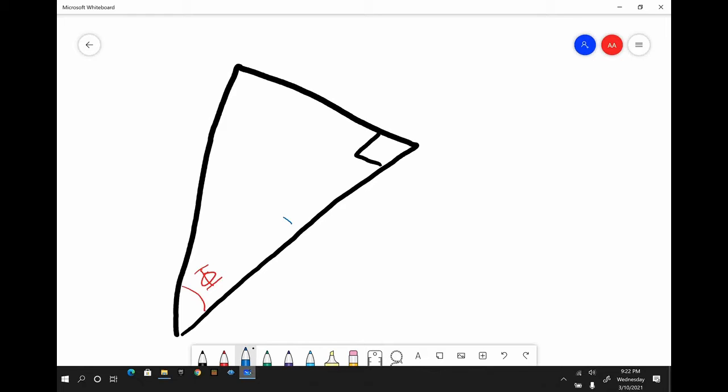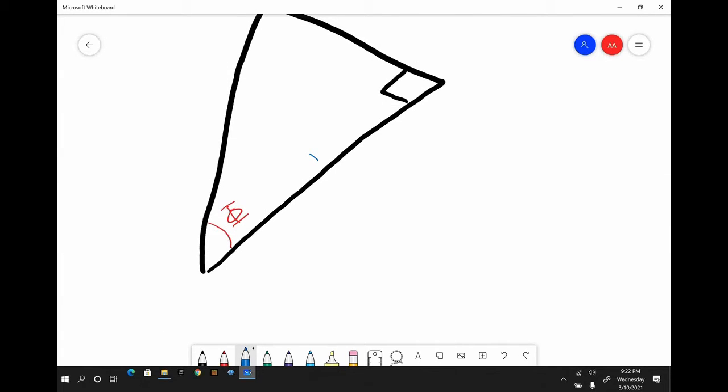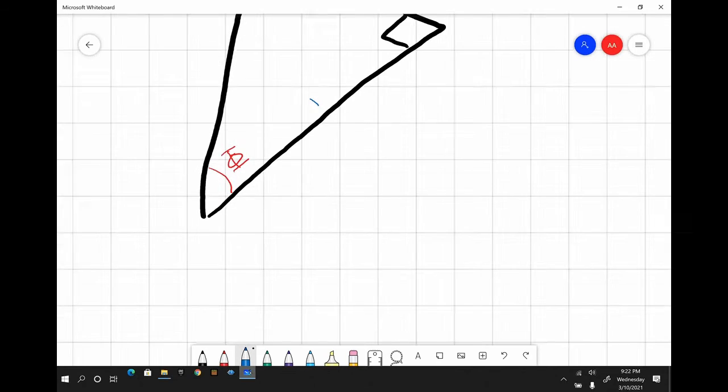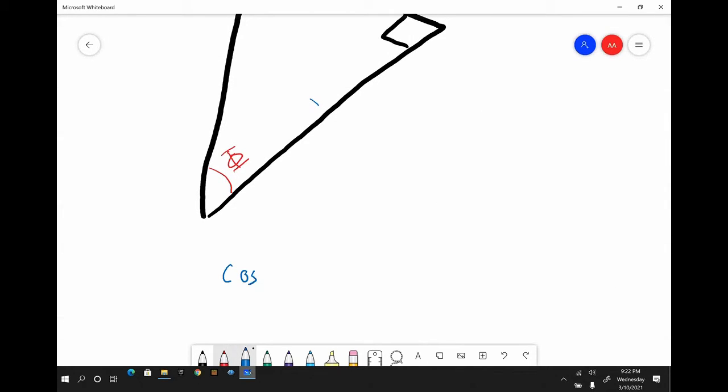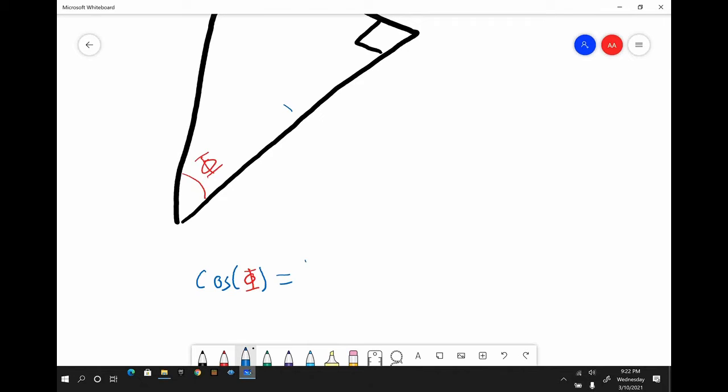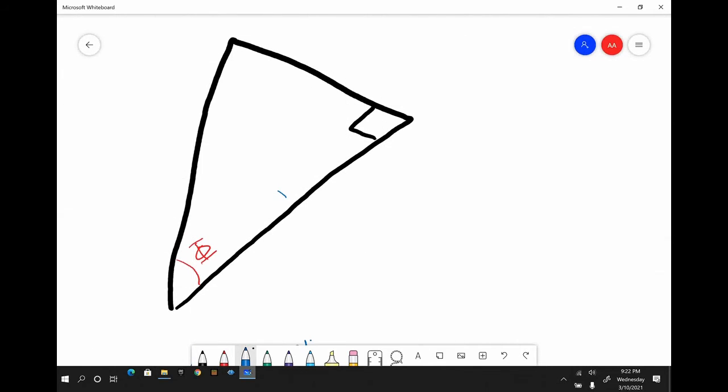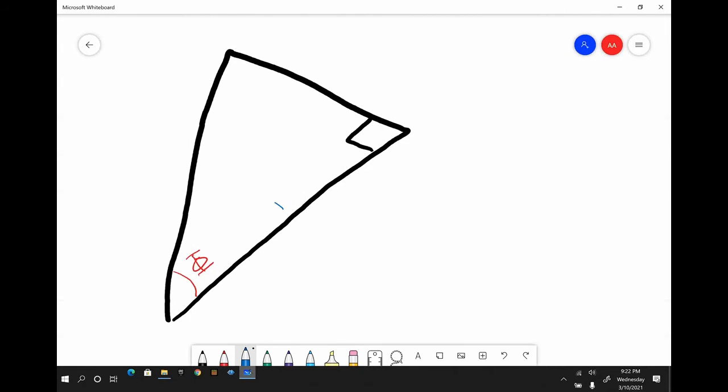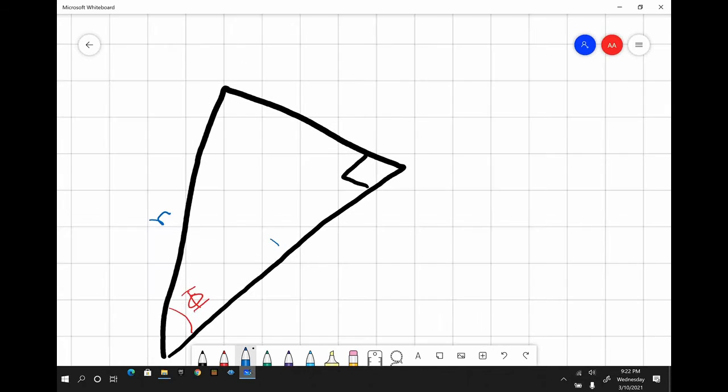And in the same process that we had from before, we can solve for the missing side lengths using just an angle and one of the side lengths. So the cosine of some angle, in this case phi, is equal to the adjacent side over the hypotenuse side. And we know the adjacent side is 1. Let's call the hypotenuse side h, and let's call the opposite side r.